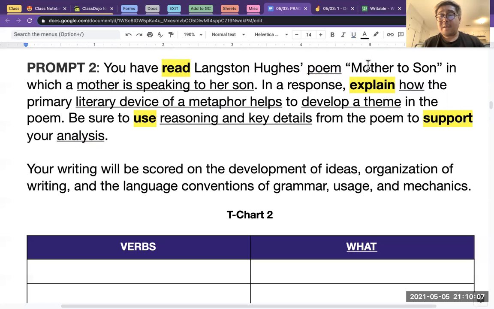Here's the author, there's the title. So don't get caught up in the fact that just because you're reading a narrative text, it doesn't mean that the prompt that you have after is a narrative prompt. In this case, it's a narrative text, but it's an informational prompt. This is why it's so important to look for the verbs and to look for the what's, right?